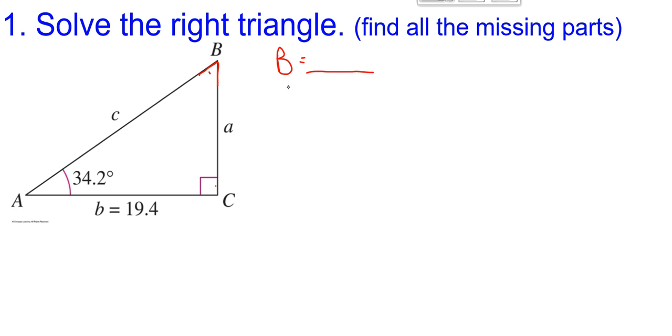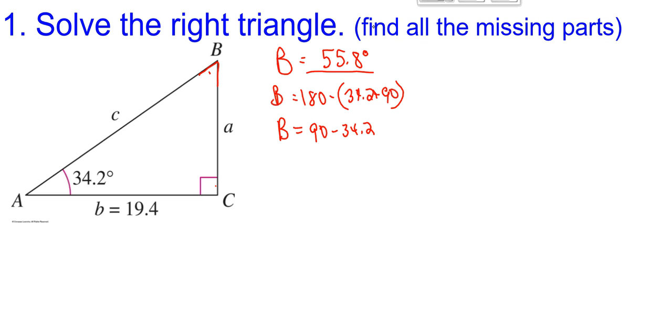So in this case, I'll take 180 minus 34.2 plus 90. B equals, or 90 minus 34.2, just to model both of those, 55.8 degrees. So there's B. Then I can find A or C next.